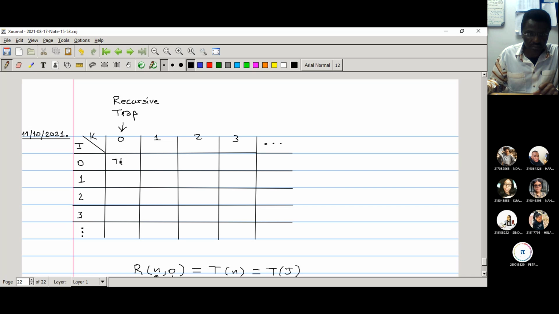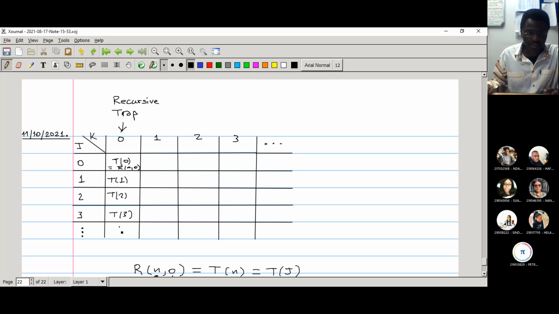So here we have T0, which is in fact what we call R00, right? So this is the same as R00. And then we have our T1, T2, T3. So this is what we computed in the tutorial.